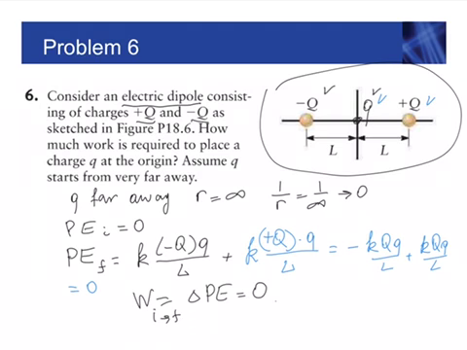One of those forces is attractive and the second force is repulsive. So those forces balance each other out, and the sum of all forces becomes 0. So no work is done by bringing a charge from infinity to the center of the electric dipole.